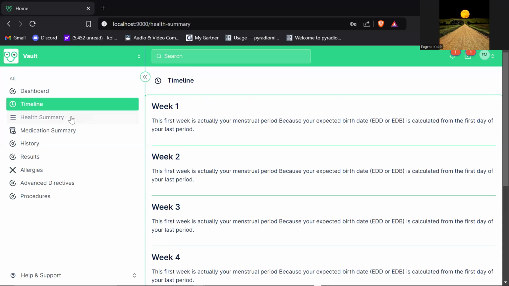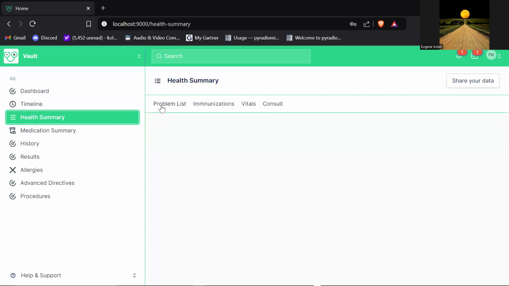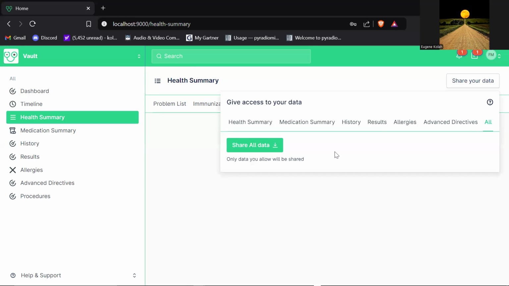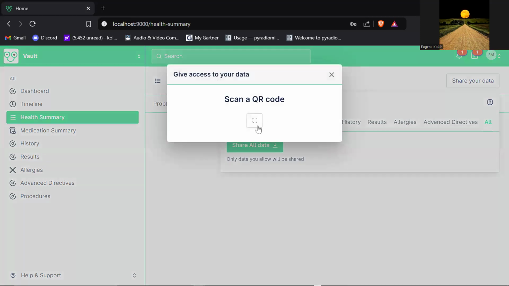Within the health summary, she also has the opportunity to share her data, and this is any data that she wants to. She can share the whole data, or she can share them individually. So when she clicks share, she'll get a QR code scanner, where she will scan the QR code.